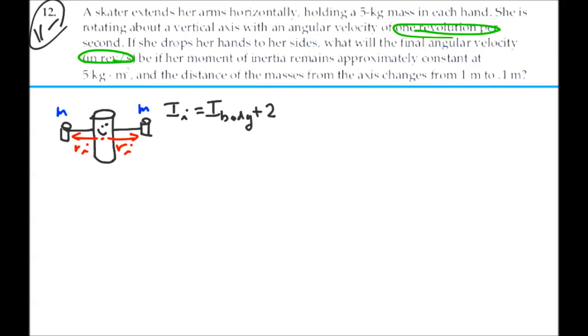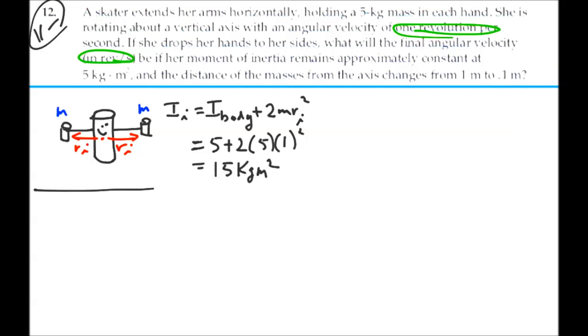So we're going to have a 2mr squared initial for this situation, which is going to be equal to 5 plus 2 times the mass, which is 5 kilograms. And initially, she's holding it 1 meter away. Square that. So it's going to be 5 plus 10, or 15 kilogram meters squared. That's our initial moment of inertia.